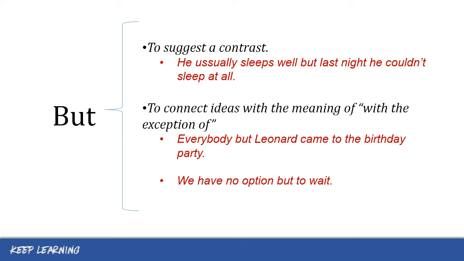Now, the proper translation to that in Spanish is excepto, and that's a good translation for but too. So if you're thinking about saying excepto or menos, you can use but. Also, a good translation for but in Spanish is sino. Like here in this other example, we have no option but to wait. Sino esperar. That's all. And those are two more things you can do with but, not only pero.